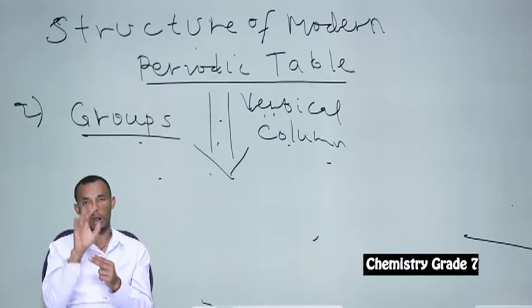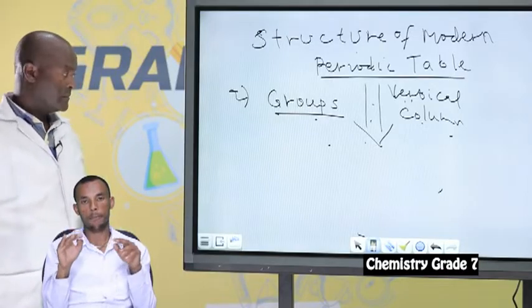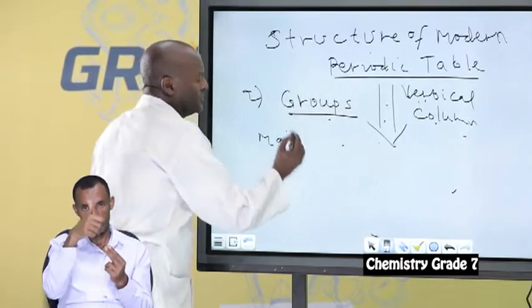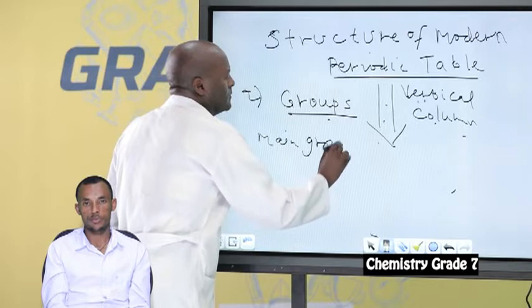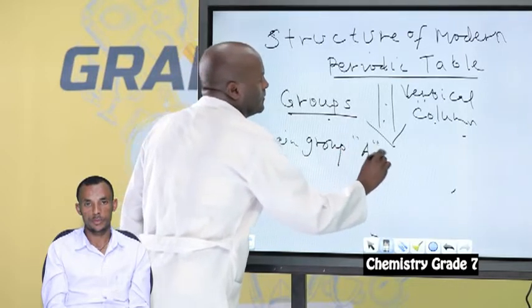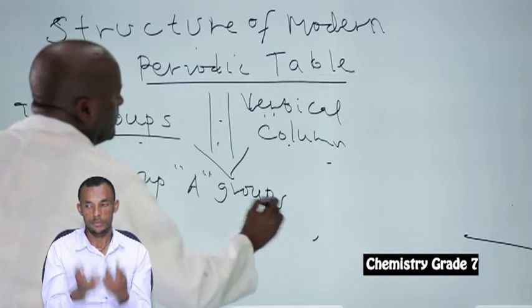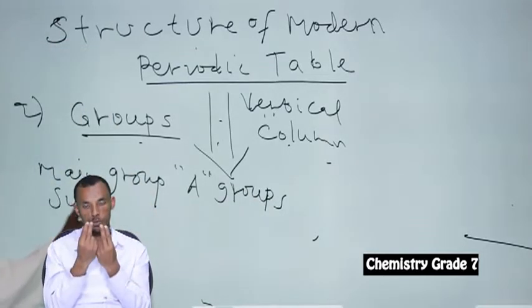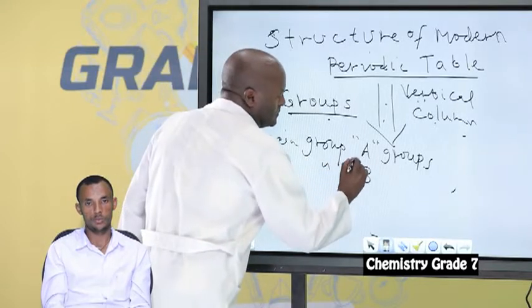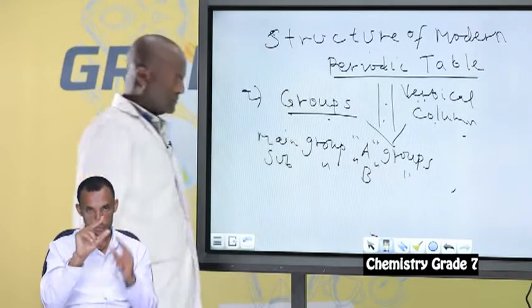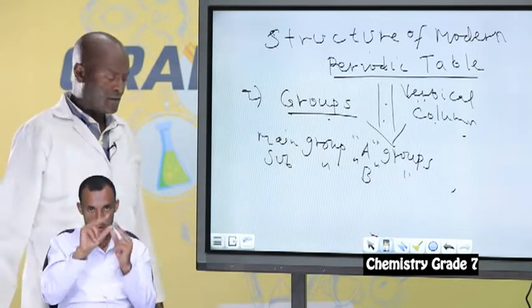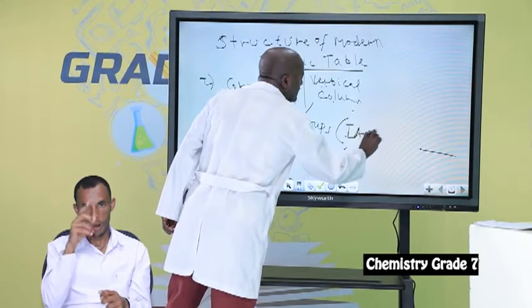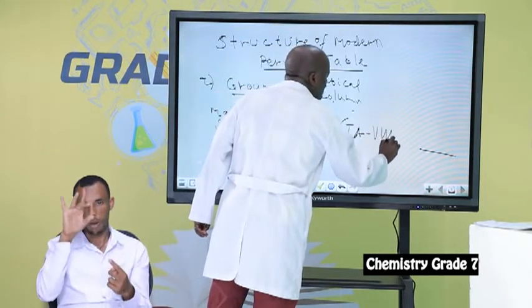There are 8 main groups in the periodic table, also called A groups, and the subgroups, called B groups. Main groups are from 1A up to 8A.